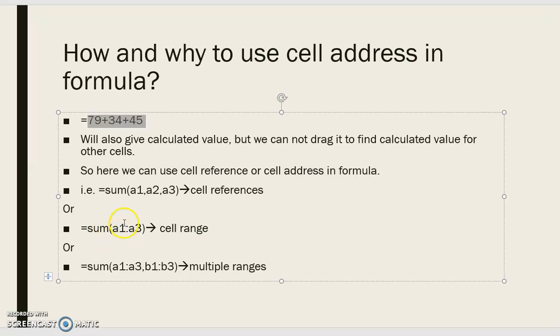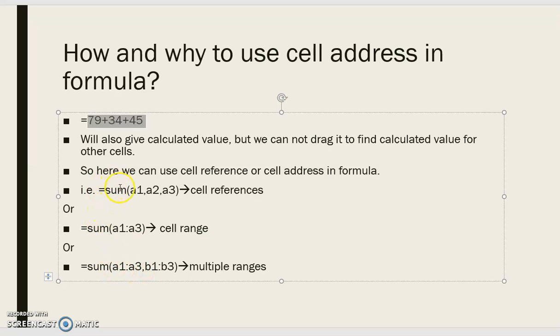Equal to sum A1 colon A3. Cell range. Here I have used a cell range in place of cell addresses, because here we are doing a total of continuous cells, so we can use a cell range. That is A1 to A3, or we can use A1 to A15 also. But a cell range can be used when we want to use continuous cells.